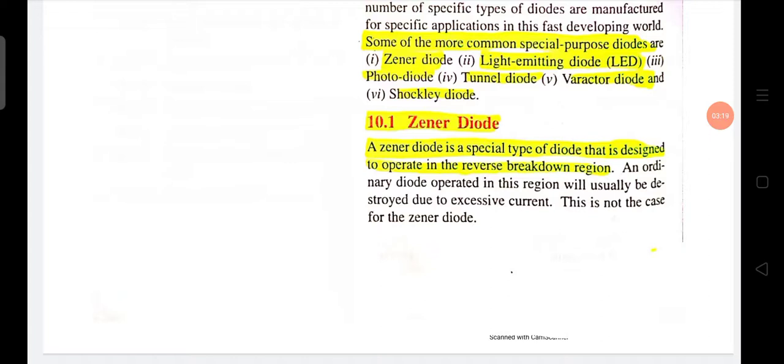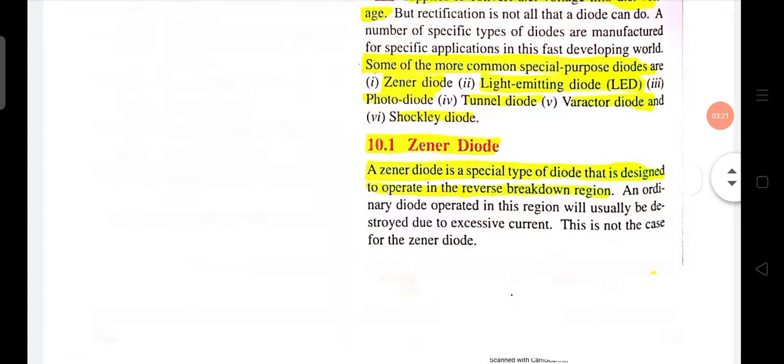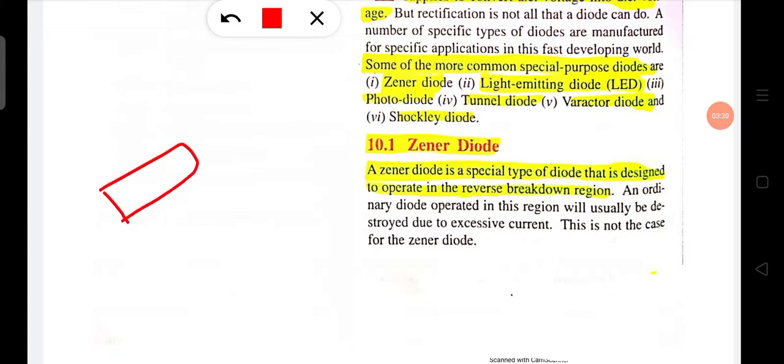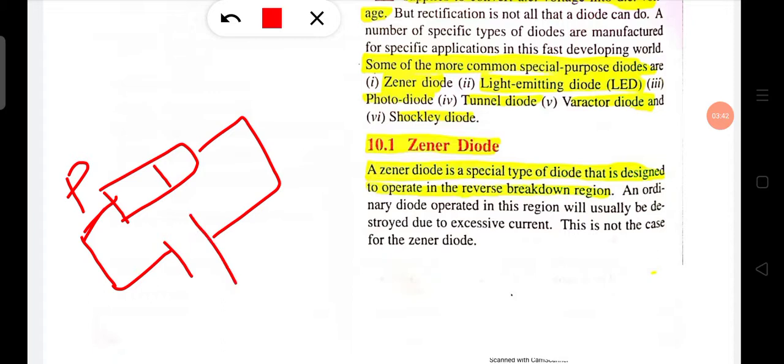A Zener diode always works in reverse bias. The P-type is connected to the negative and the N-type is connected to the positive. This is called reverse biasing of a PN junction.